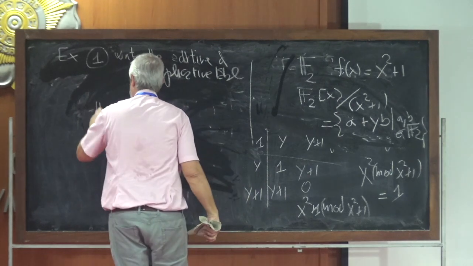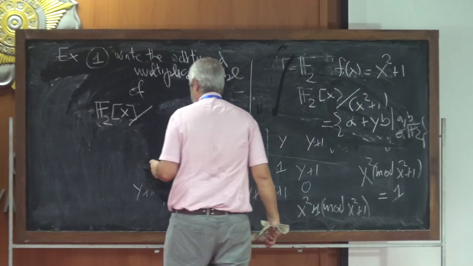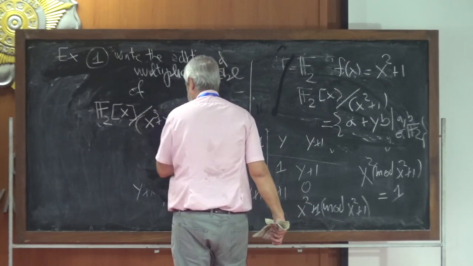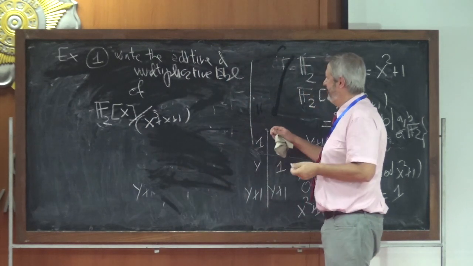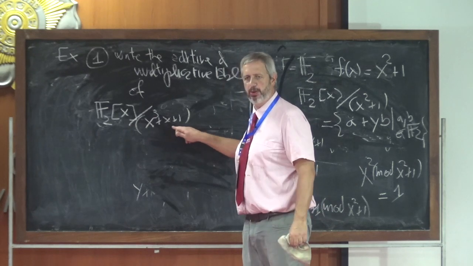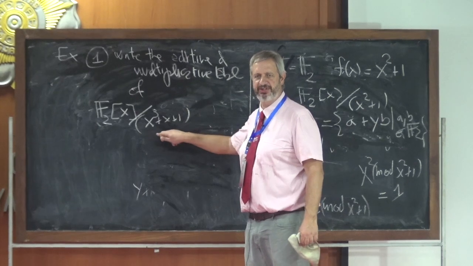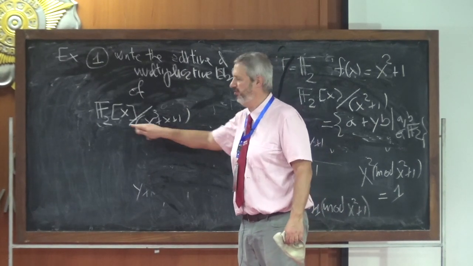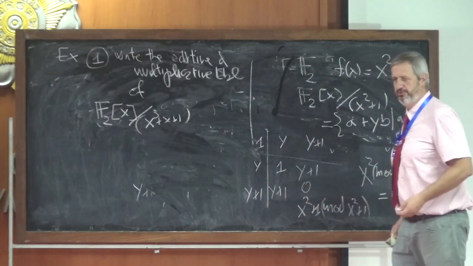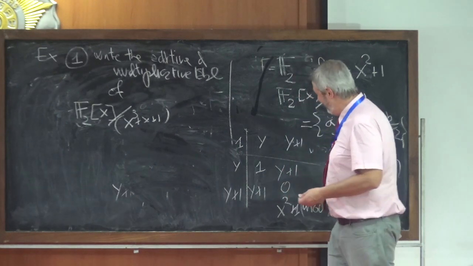The first one is F2[x] over the polynomial x cubed plus x plus 1. When I write this, I implicitly assume that this is an irreducible polynomial, so maybe you also want to verify that it is irreducible over F2. For this field, you'll have to write the summation table and multiplication table, please.